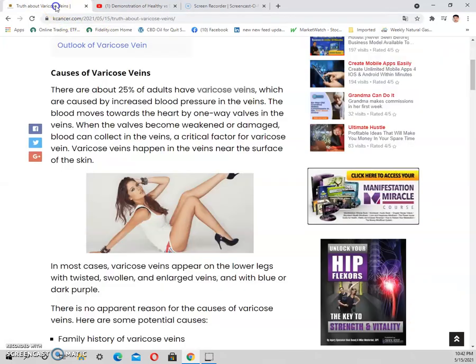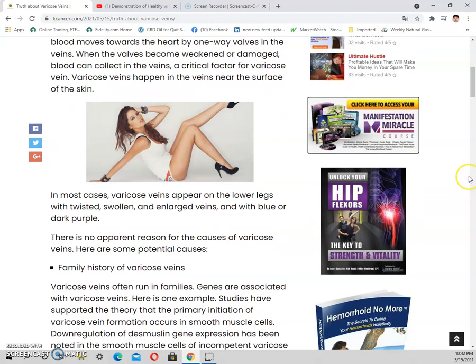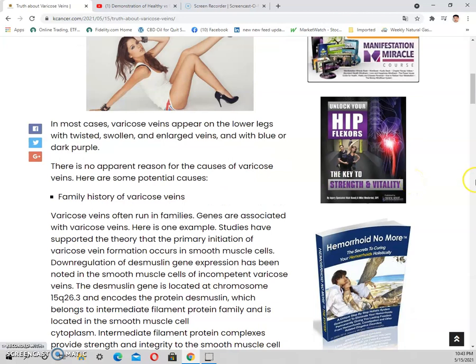With this in mind, now we're going to look in detail at the causes of varicose veins. In most cases, you don't find an exact cause, and the reason for varicose veins is usually complicated. First of all, family history.